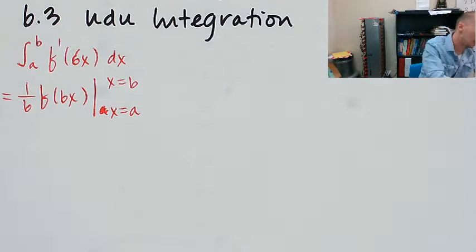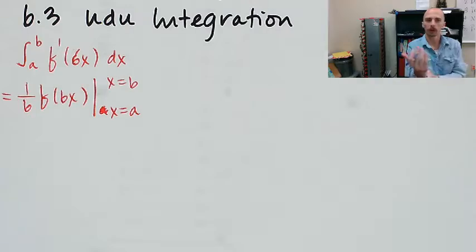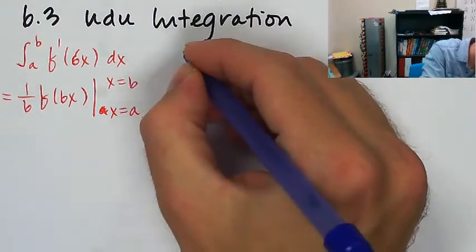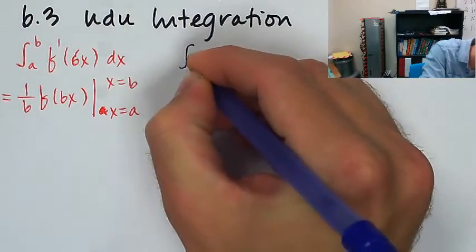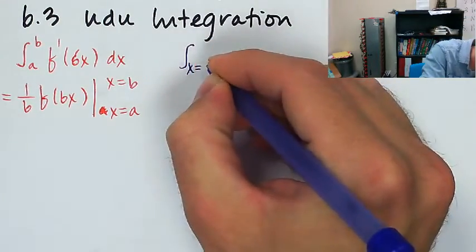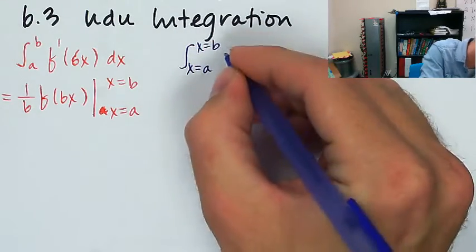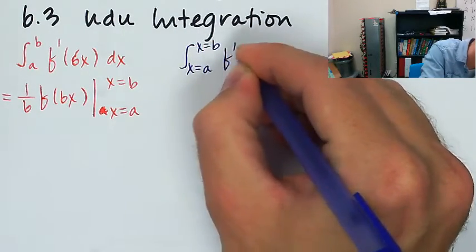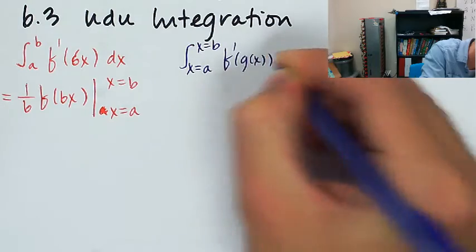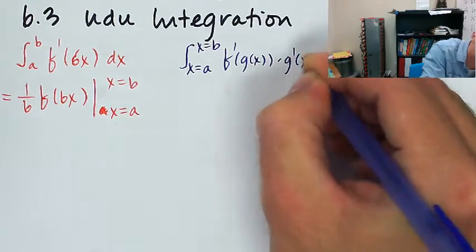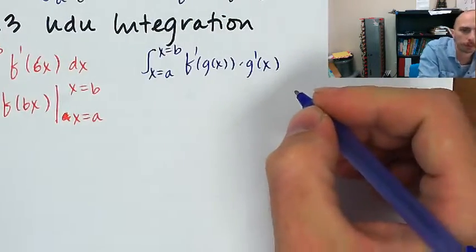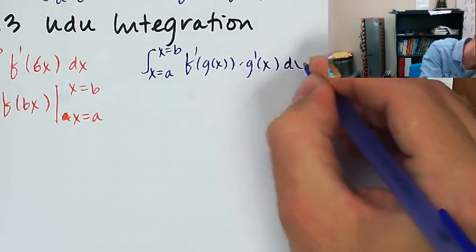The one that's going to require U-substitution is where we have the integral from x equals a to x equals b of f prime of g of x times g prime of x dx.